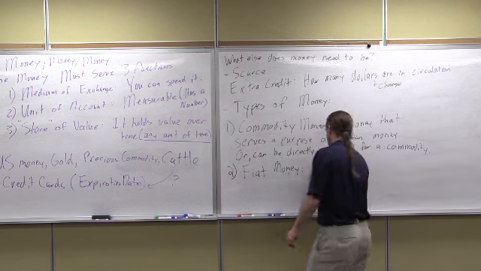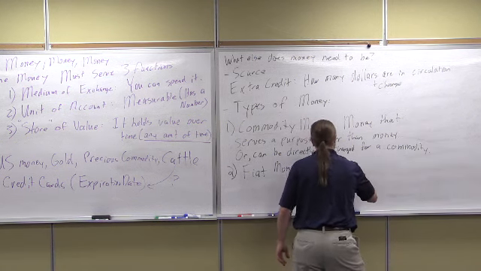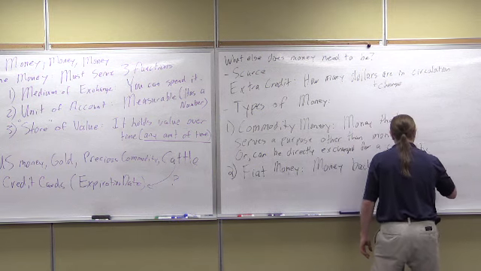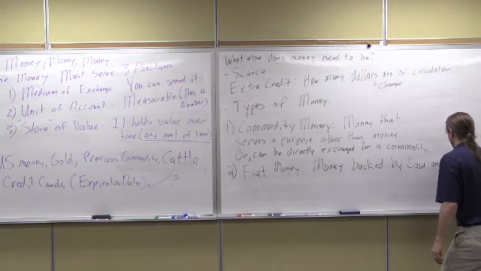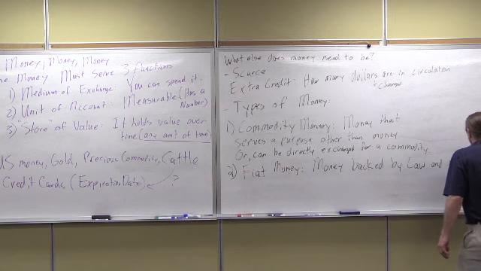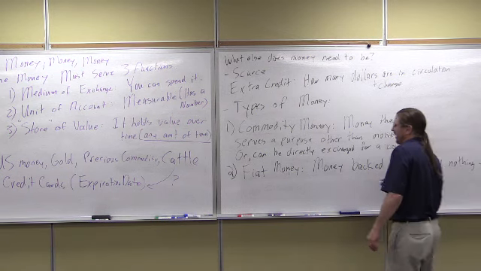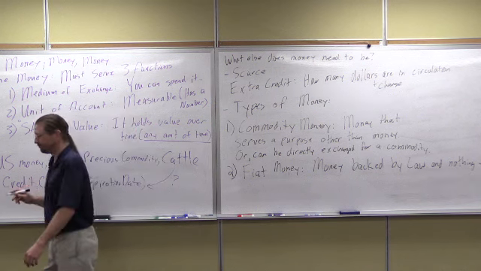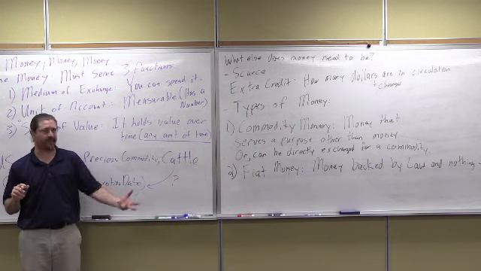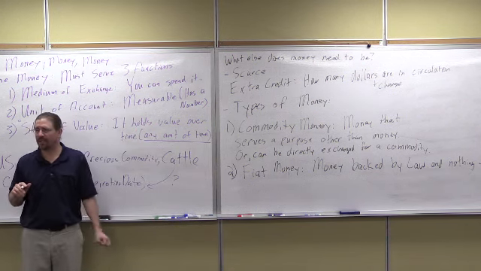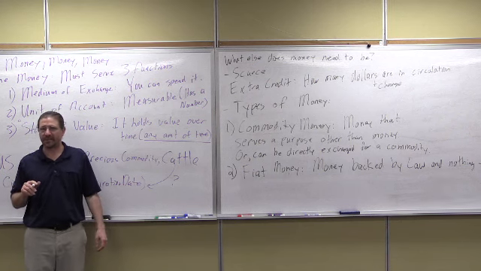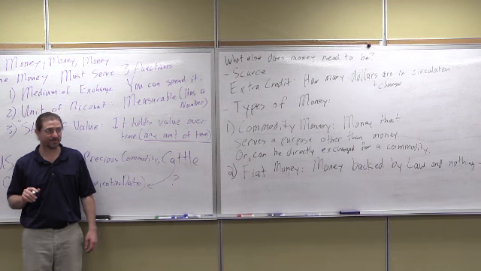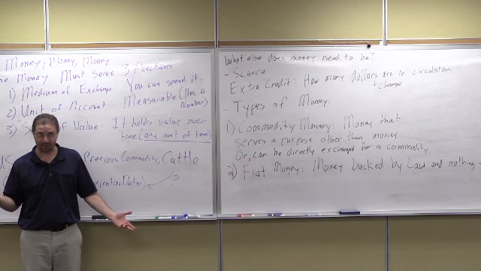Now, fiat money, this is money that's backed by the law and nothing else. The only reason that our money is worth anything is because we believe. That's straight up, folks.